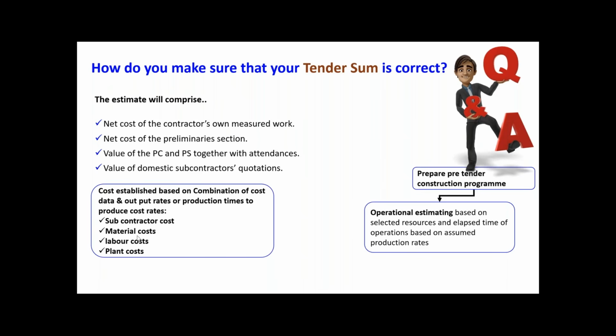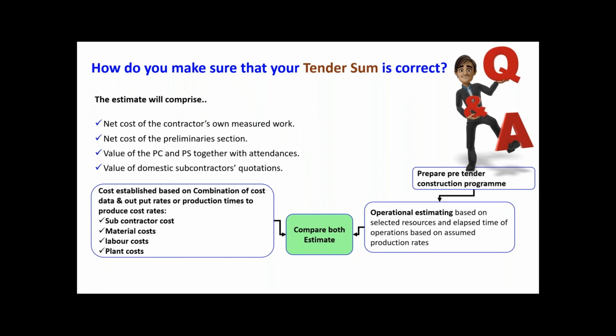This is called the quantity estimator's estimate. You have to match these. You have to compare, and they should match. If approximately around 10 percent difference comes, the tender sum is fine, no issue. But if there is more deviation, like 20, 30, there are some issues.